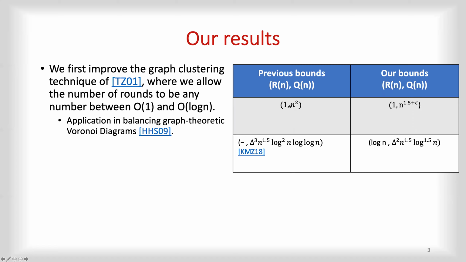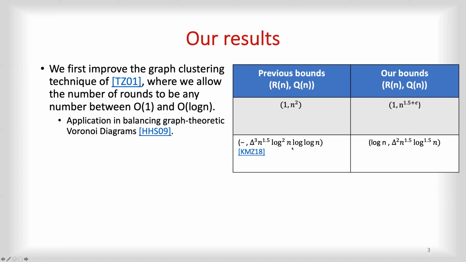When it comes to algorithms with just a constant number of rounds for graph reconstruction, there is just the trivial algorithm using O of n squared queries with a constant number of rounds. We present the first subquadratic algorithm with O of n to the three halves plus epsilon.